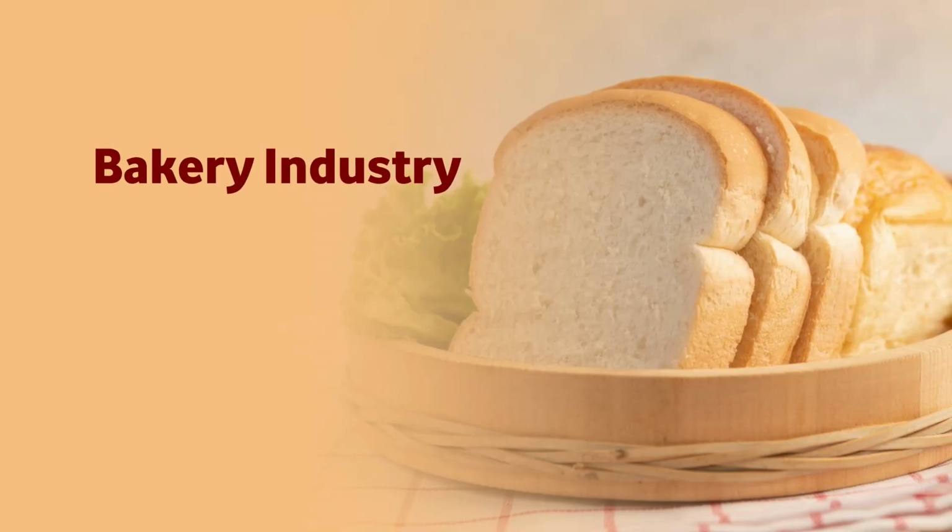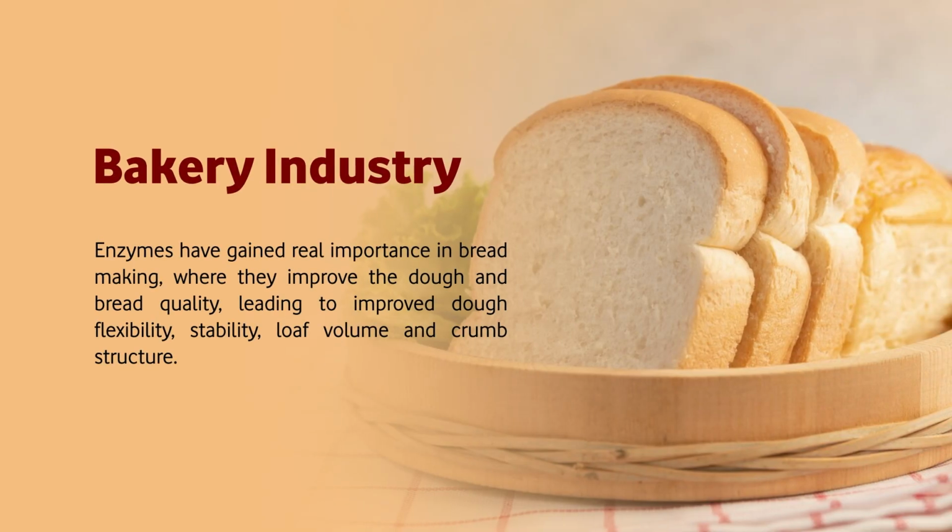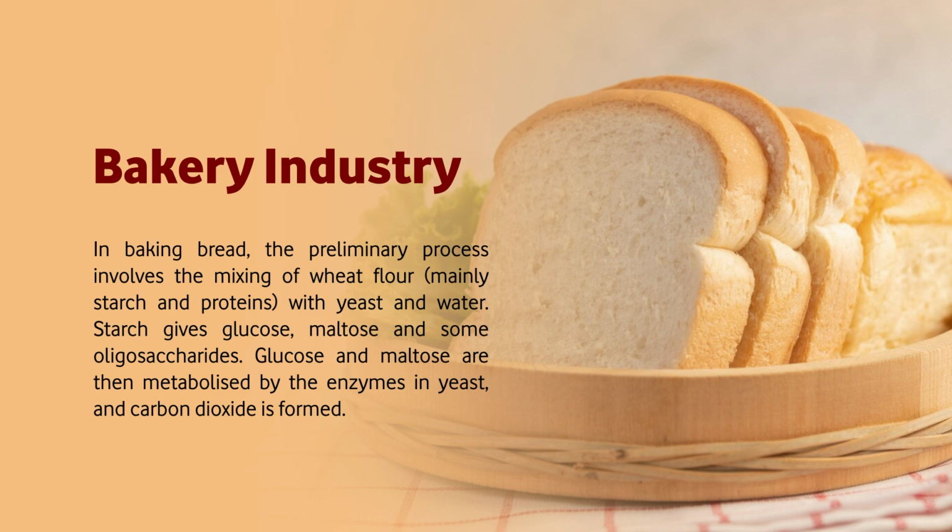Then we can move to the bakery industry. In bakery industry also enzymes perform various functions. They improve the bread dough and bread quality, leading to improved dough flexibility, stability, loaf volume and crumb structure. In baking bread, the preliminary process involves mixing of wheat flour, mainly starch and protein, and yeast and water.